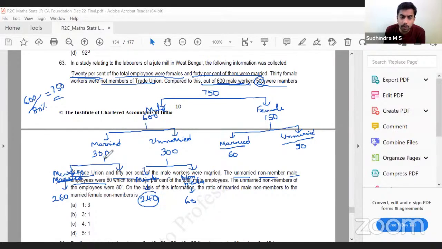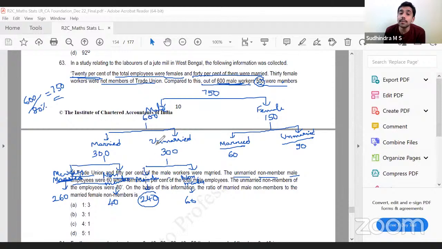And then the number of people who are married but non-members? 40. Out of 300, 260 are members. So 40 are non-members. Everyone understood till here? Yes. Next one. They are telling us unmarried non-members of the employees were 80.